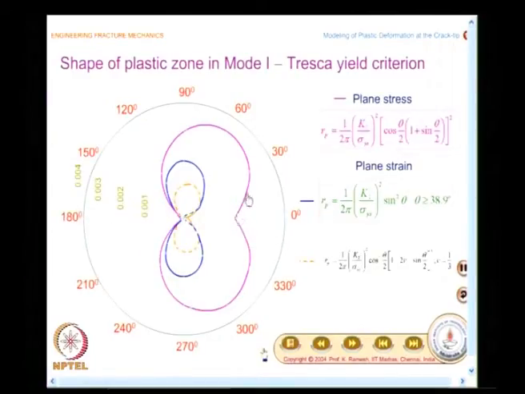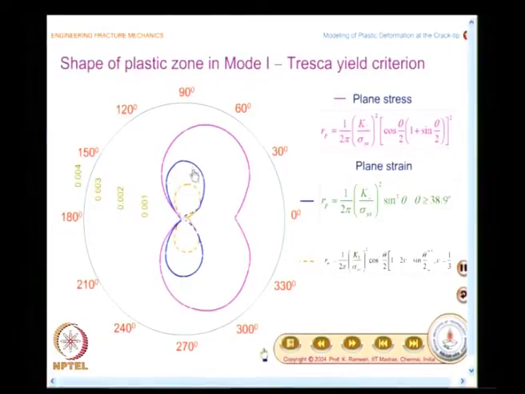So, I have this for plane stress, where the plastic zone size is very large, and when you come to the plastic zone for plane strain, you have a lobe here like this. Only this blue and continuous red line you draw, the dotted line you do not have to draw, and this is how the shape is.